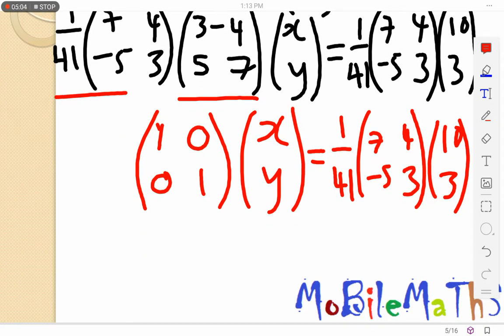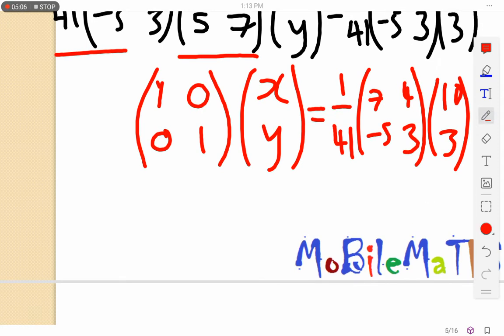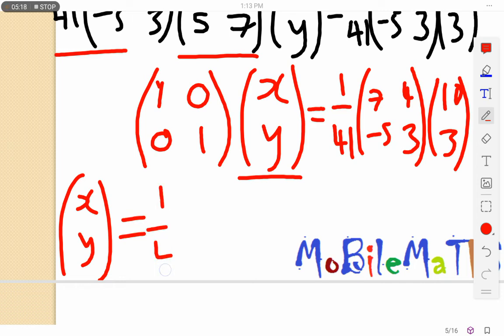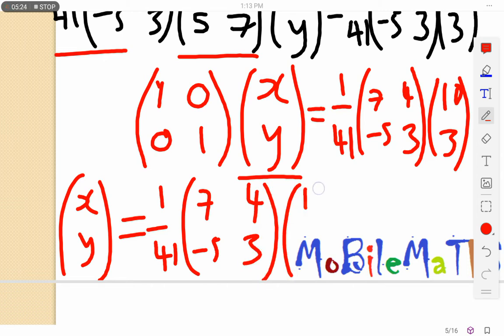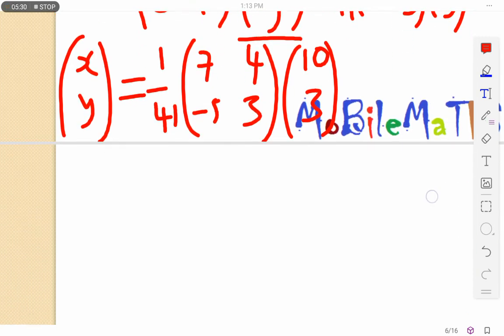Okay, so now in identity multiplying any matrix, in this case we'll get this matrix. So I'll write x y is equal to 1 over 41 by 7, -5, 4, 3, and 10, 3 there. Okay, so now let's solve that matrix that we now have.